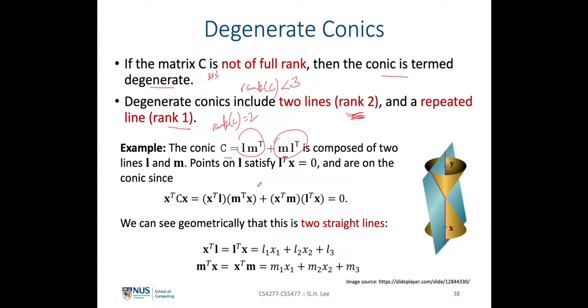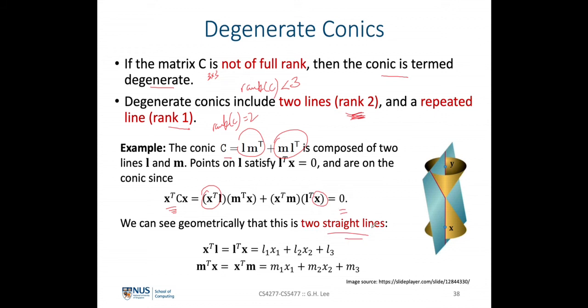And indeed, after putting this into the conic equation that we have seen earlier, with the 2 summation terms multiplied by x transpose and x, we can see that this indeed gives us 0.